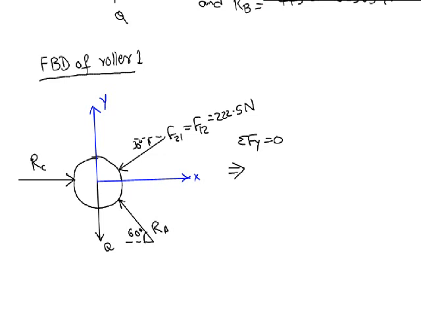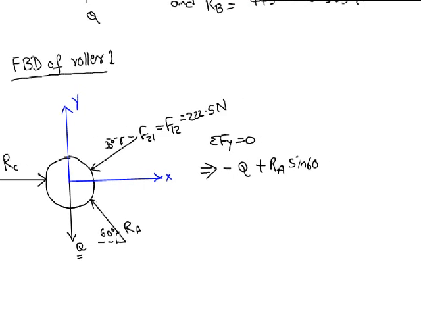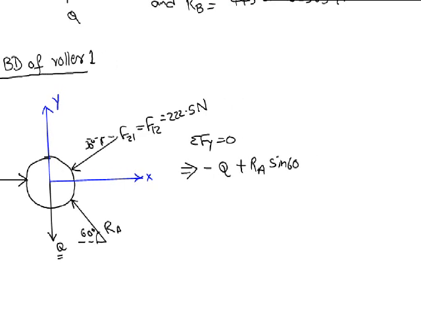This would imply, okay, we have 4 forces. Q is going down, so we will say minus Q because it is opposite to positive y direction. And then you have RA sine 60 degrees, that is the y component going in the positive direction, minus F21 sine 30.